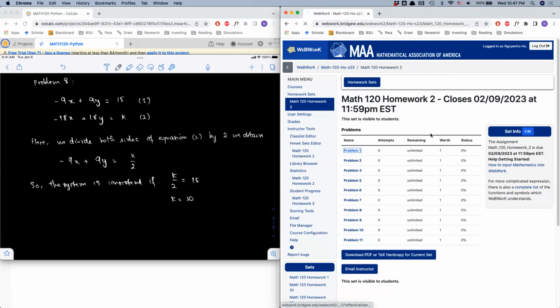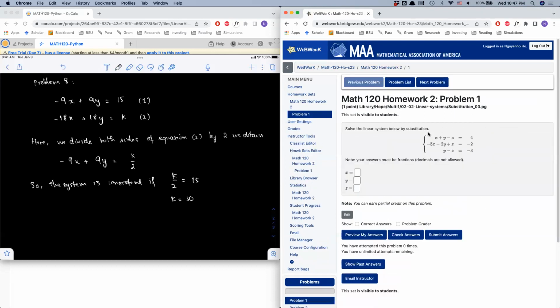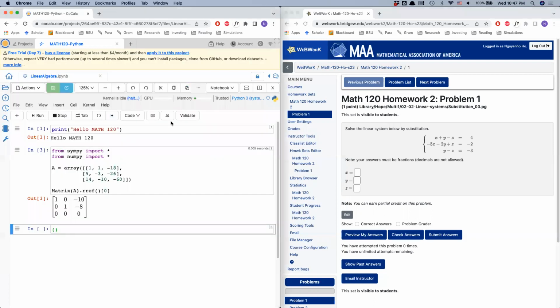Homework 2 is going to be very similar to what we have done so far, but now we have a more complicated system. In this case, you have a system of 3 linear equations with 3 unknowns. Let me switch to here and modify the code in the following manner.